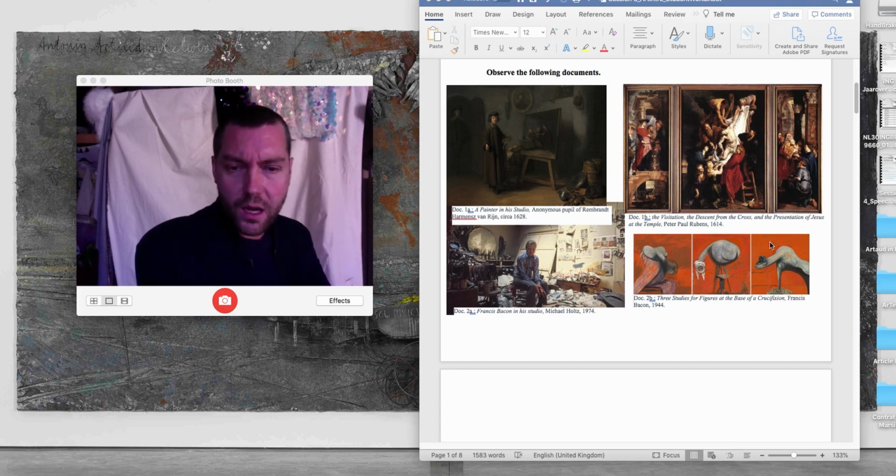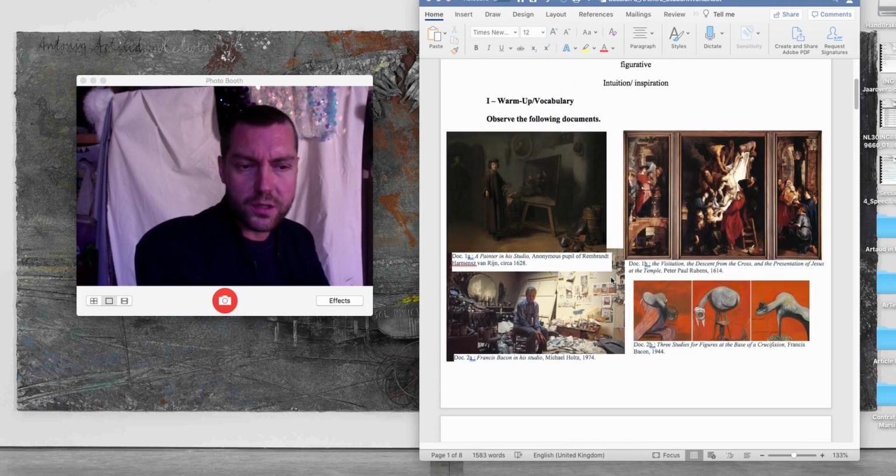And as we heard in the video that we looked at, we can see here Bacon's concentration on mouths and the scream of people. So maybe there is much more to say here as well. There's lots of red in it.